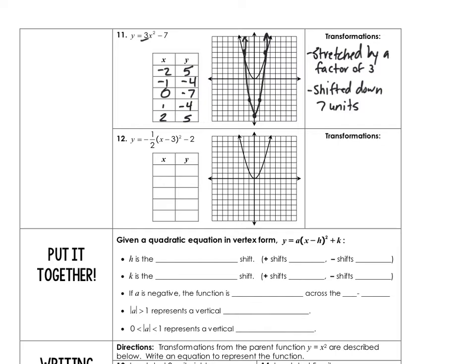All right, so in number 12, my vertex is at 3, -2. Remember, because the formula has subtraction, whatever you take out for x is going to be the opposite sign. And then the y is going to be whatever is outside the parentheses. My values to the left are going to be 2 and 1, and to the right are 4 and 5.